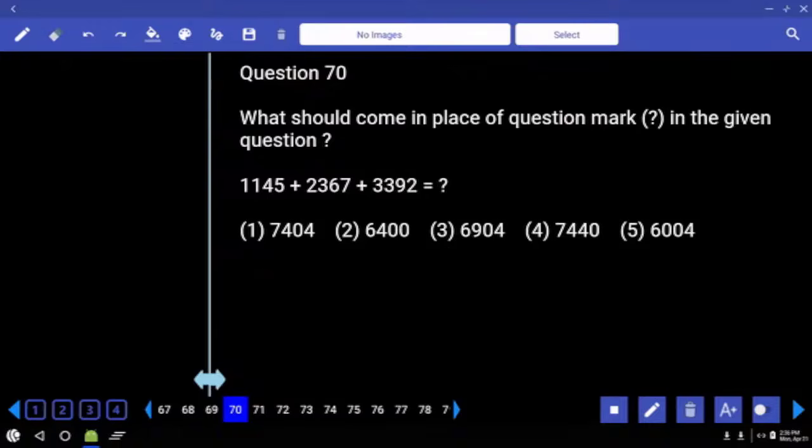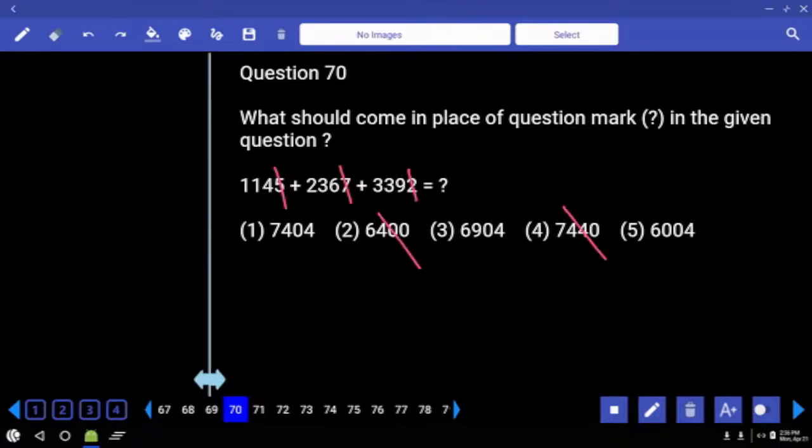Now if you verify last digit, at least we can eliminate options. 5 plus 7 plus 2. Answer ends with 4, right? How many eliminated? Okay.